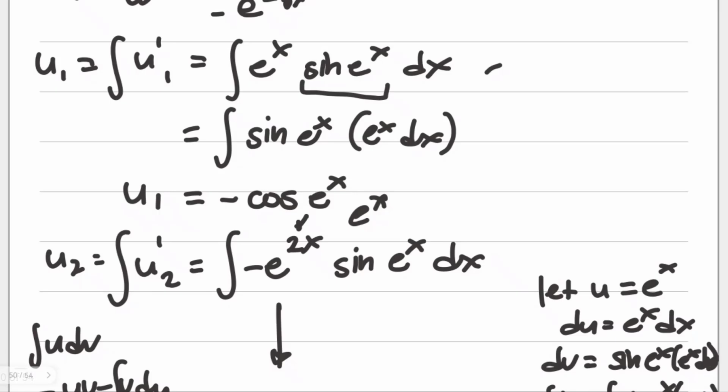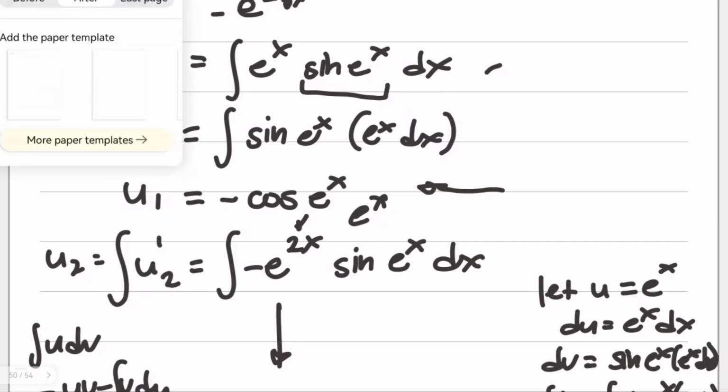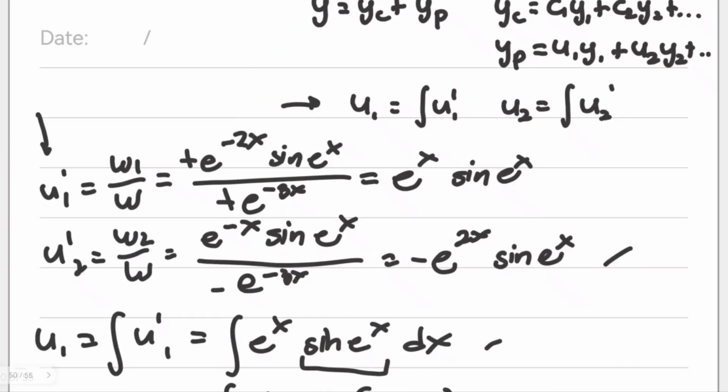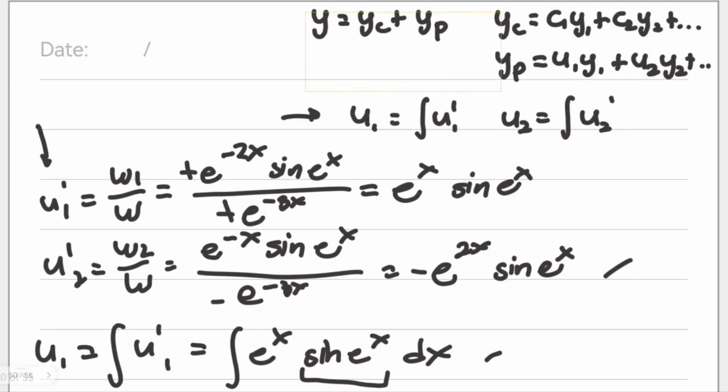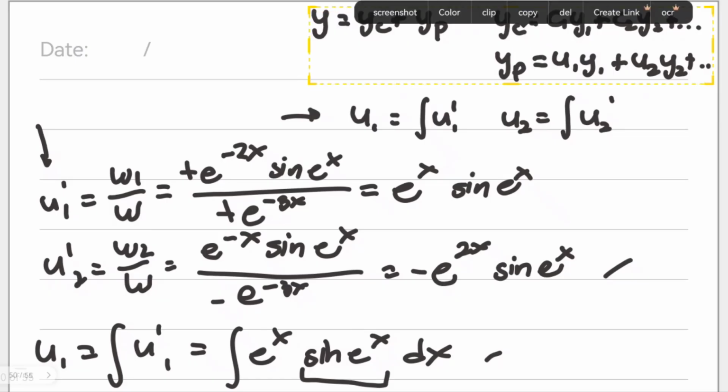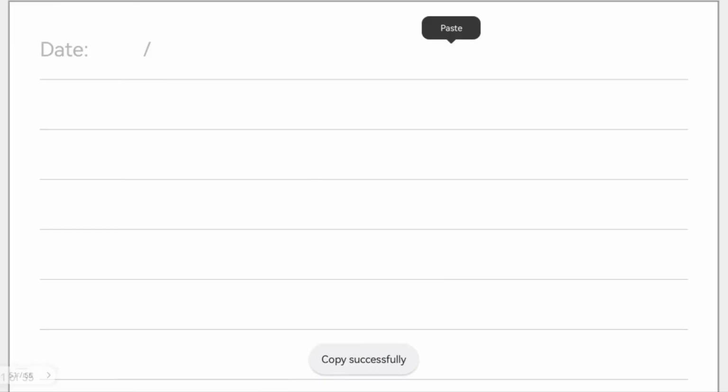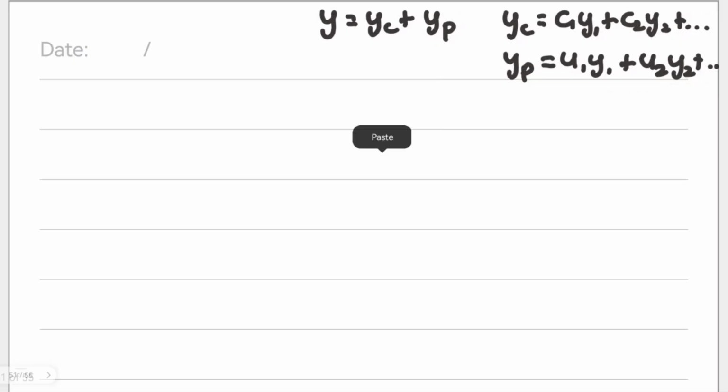Our u sub 1 is already identified here. Okay, I still need one more page. Let me copy the same formulas because we're almost there. Copy, paste it here. Then I will write here u sub 1.